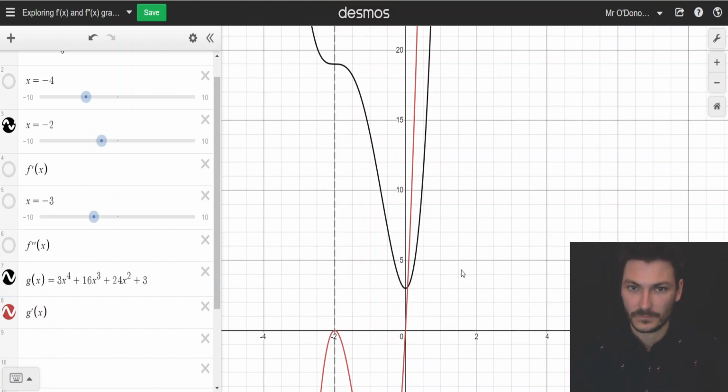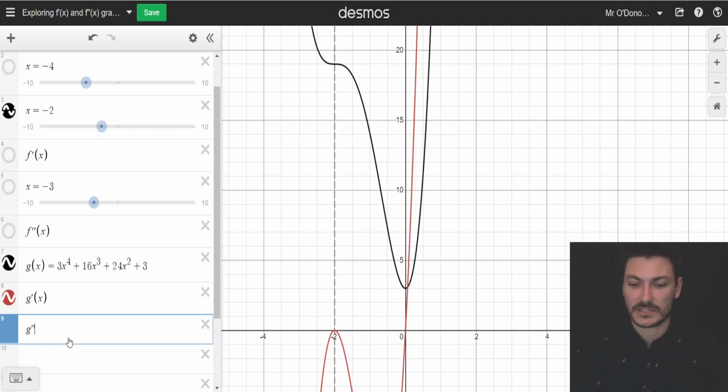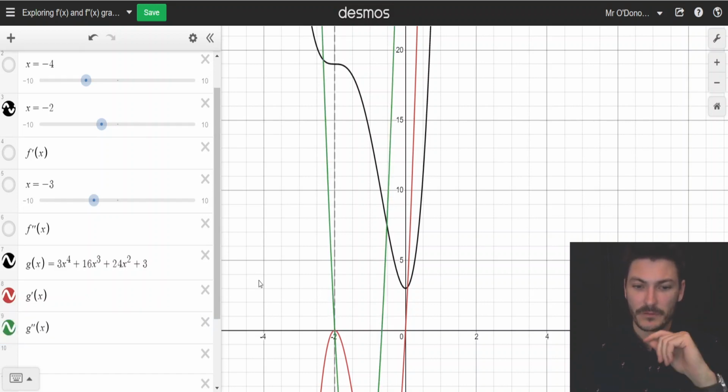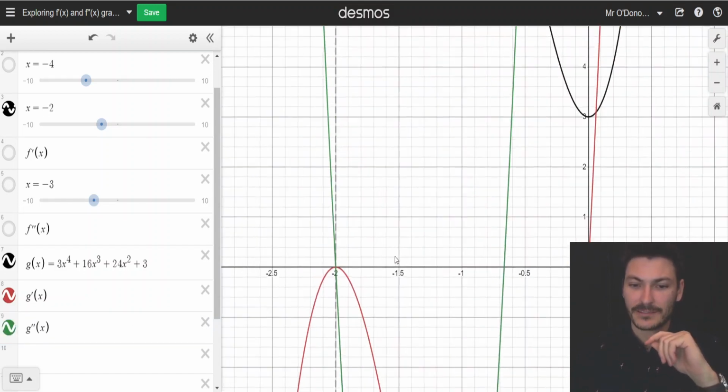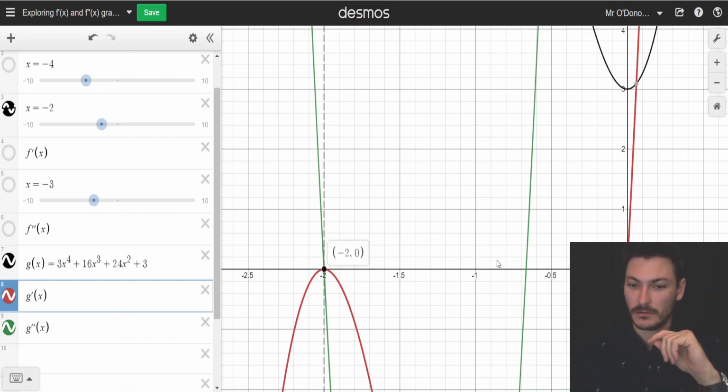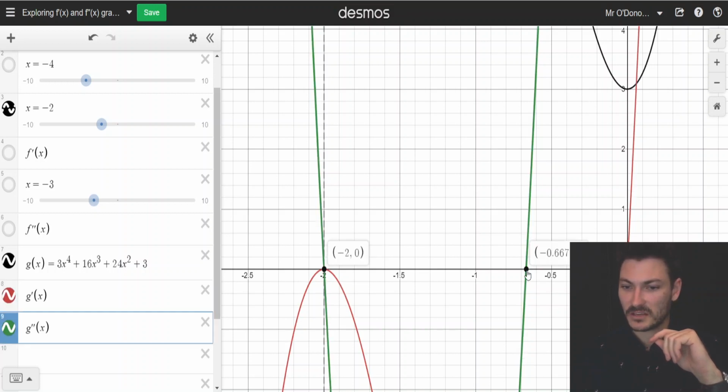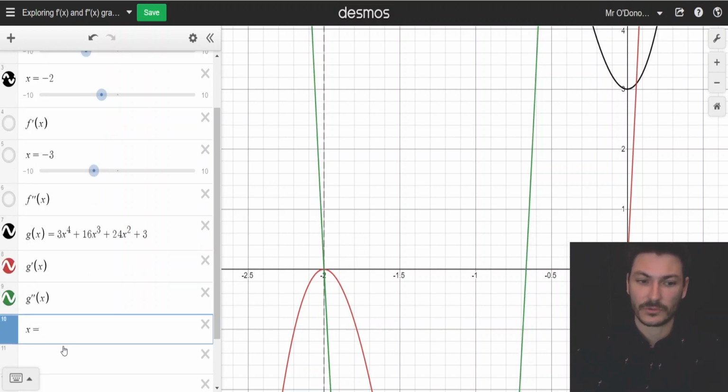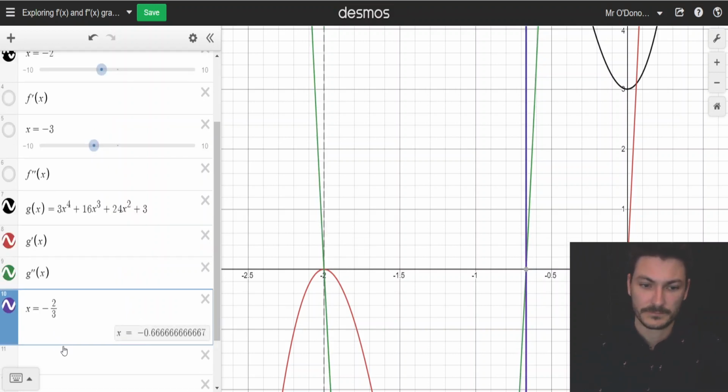The next step is to do the second derivative and find where that equals 0. So g double dash x, and we find we have x-intercepts here at -2 again, and we also have one here at -2/3. So I'm going to put in x equals -2/3.